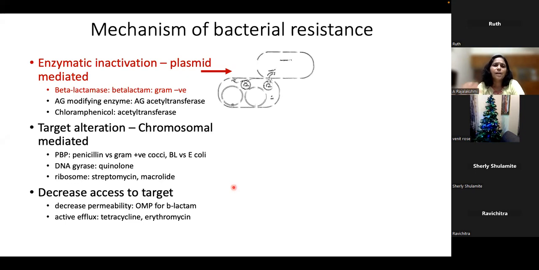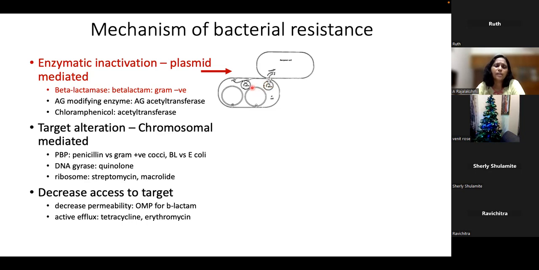The best example of a plasmid mediated enzymatic inactivation is the extended spectrum beta-lactamase production. So the beta-lactamase is an enzyme that is produced by the organism, and this is plasmid, that is, it lies outside the chromosome within the cell, and this can be easily transmitted from one bug to the other. This is commonly seen in gram-negative bacteria, which develop resistance to beta-lactam antibiotics by this mode.